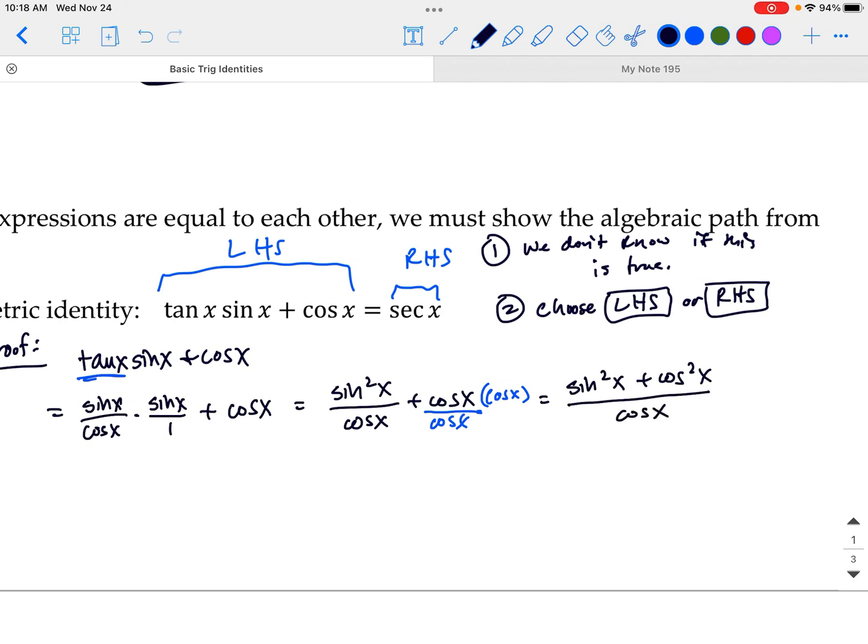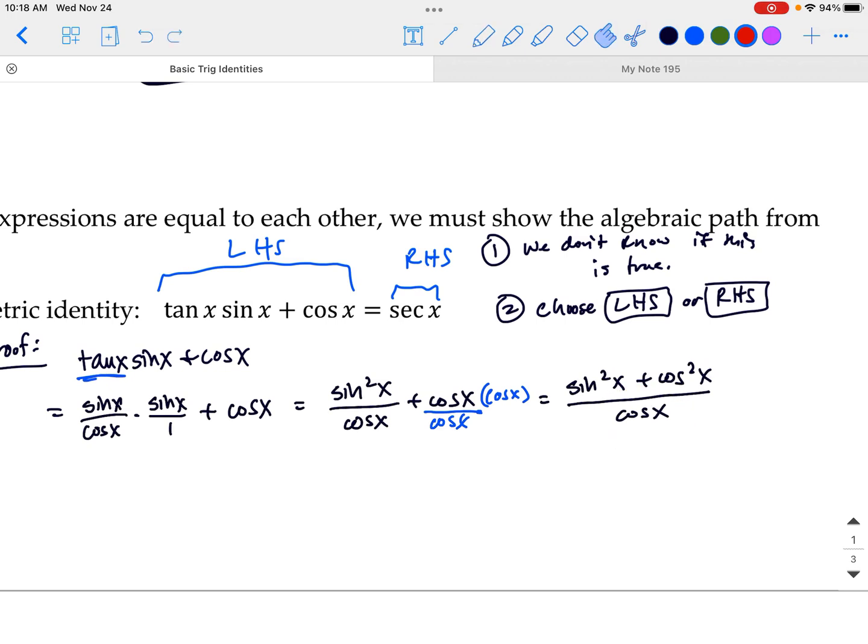So our tangent x sine x plus cosine x expression is equivalent to this expression, just by manipulating some terms and finding a common denominator. But where do I go now? Okay, take a moment, see if you can see it or not. So we've got sine squared plus cosine squared and cosine x. So the cosine x, nothing I can really do with that.